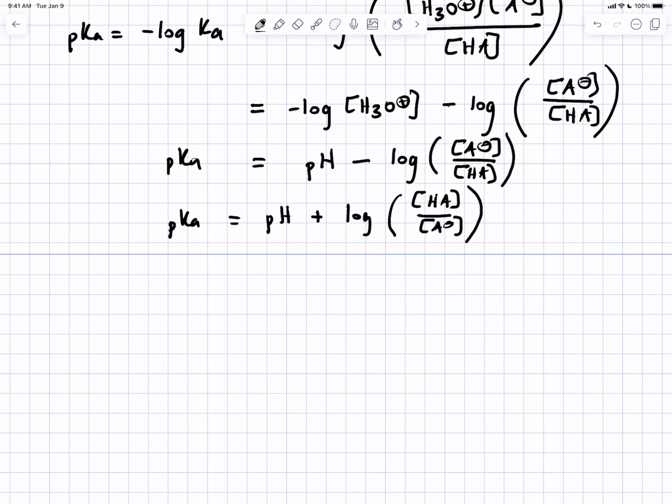Now, you may have used that before in a different form. You may have actually moved all of this to the other side of the equation, put pH here, and then someone could ask you, you have 7 grams of monosodium phosphate and 25 grams of disodium phosphate, and you mix them together and then put them in water.